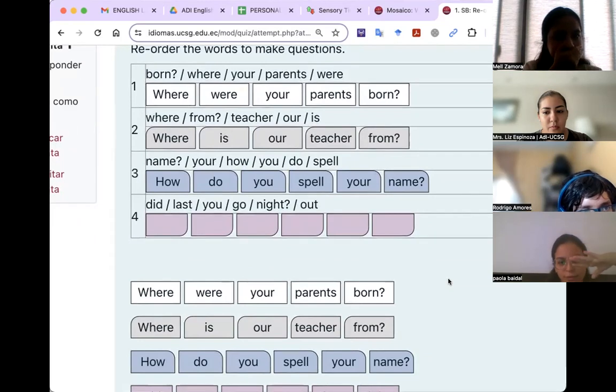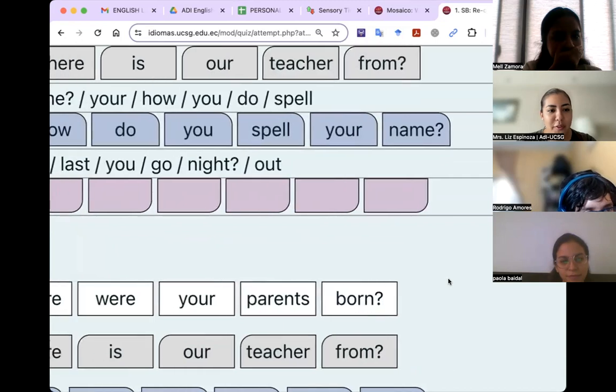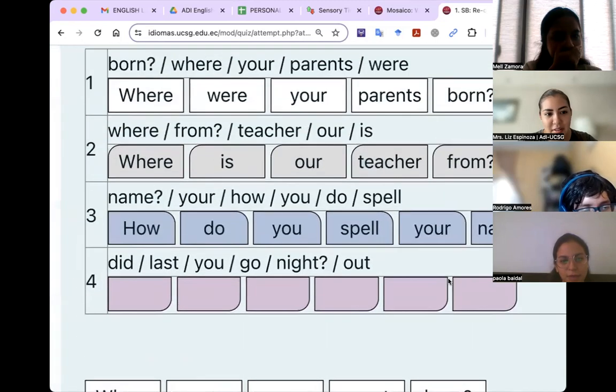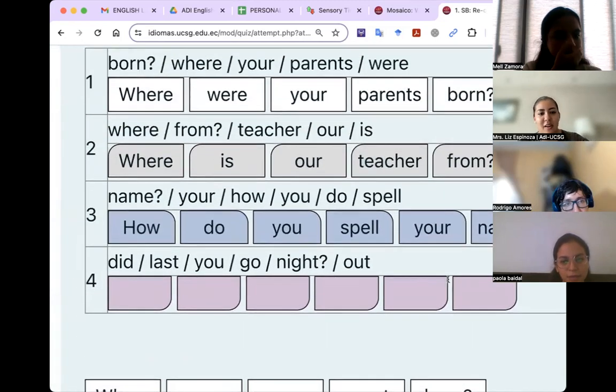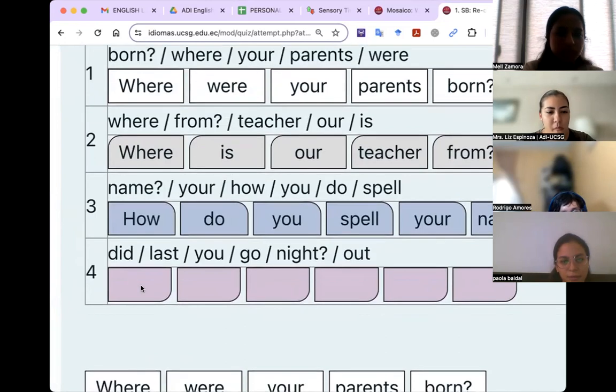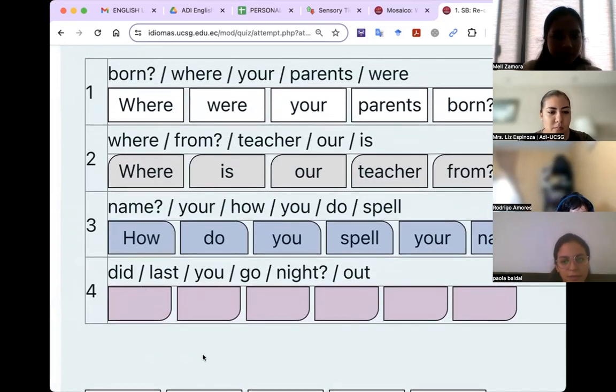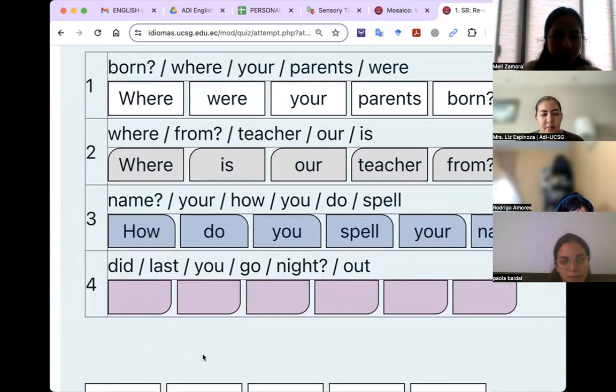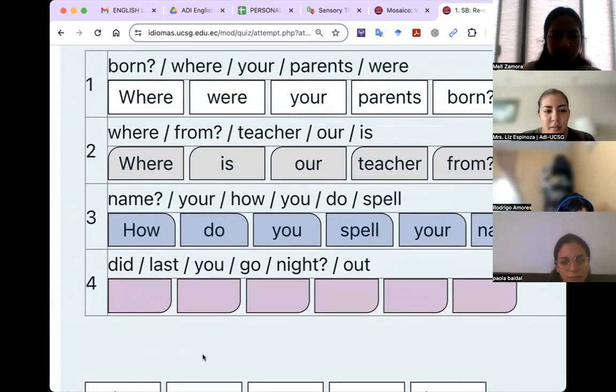A little higher, please. I mean, these are the options. You should see this one. Now, so, last night. Okay, so we should start the question with last night? Remember that at the beginning you need a WH word or an auxiliary.